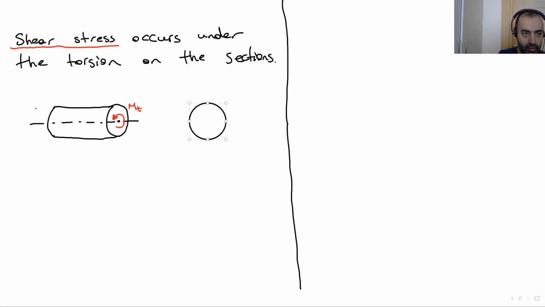And the stress distribution is this is the center, and here.